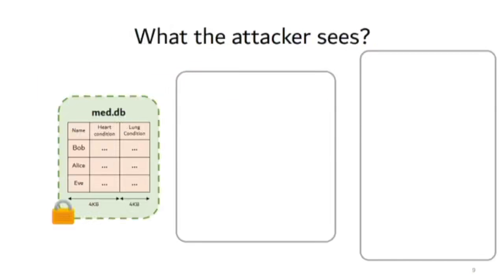So in our test database, in the first query, let's suppose that the doctor asks for Bob's heart history. Then SQLite is going to go into the row that corresponds to Bob, access its heart history, and return that data to the doctor.